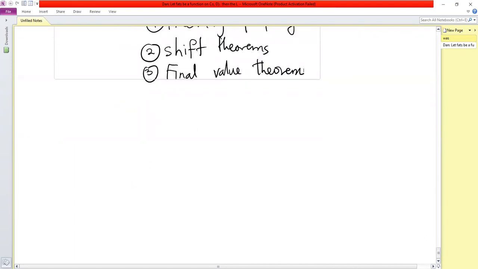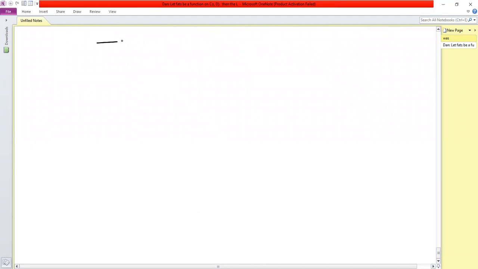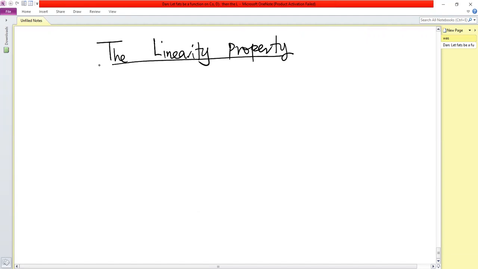First property, the linearity property. So let's see the statement.